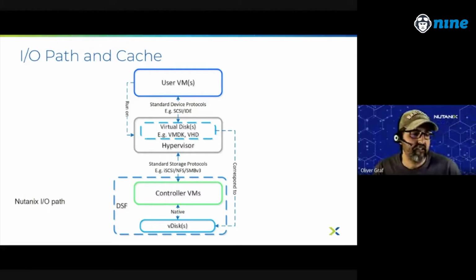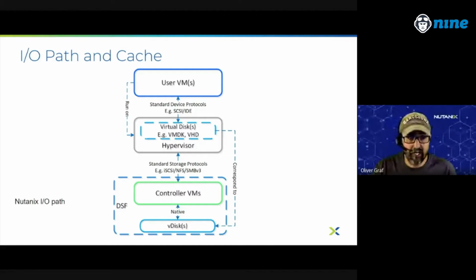The IO path and the cache. So actually, a typical hyperconverged storage IO path can be characterized into the following core layers. A guest OS virtual disk. This remains actually unchanged with Nutanix. Depending on the hypervisor, the guest OS will use a device driver to talk to the virtual disk device.